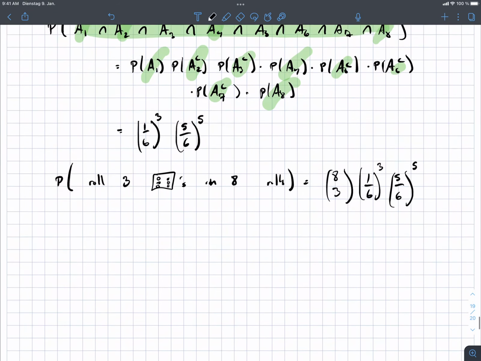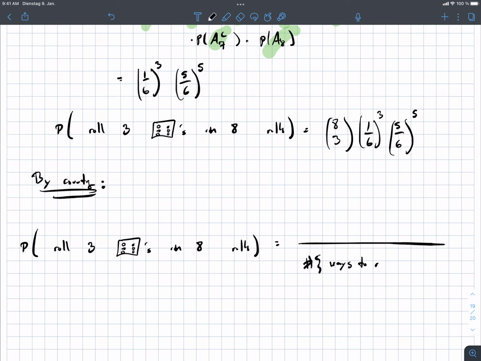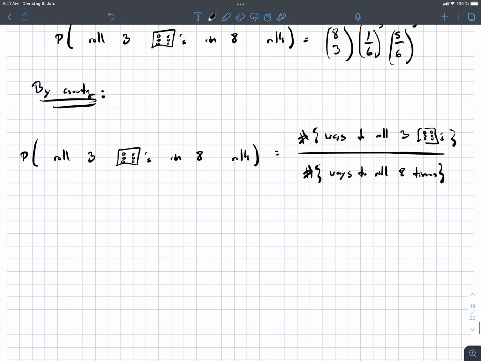Now, a way to get to the same thing by counting would be to say that this probability is just the ratio of 2 things. There's the number of ways to roll 8 times, and then in the numerator the number of ways to roll 3 6s out of the 8 times.